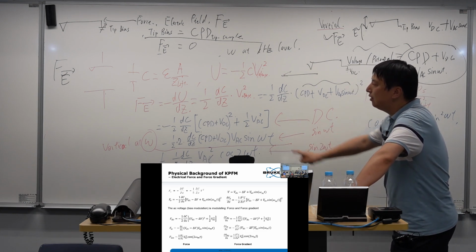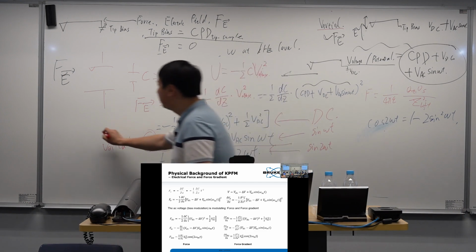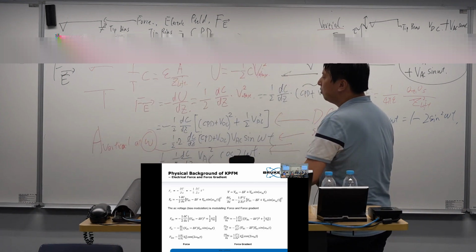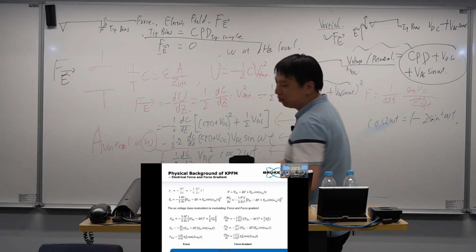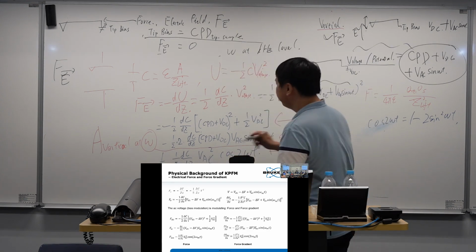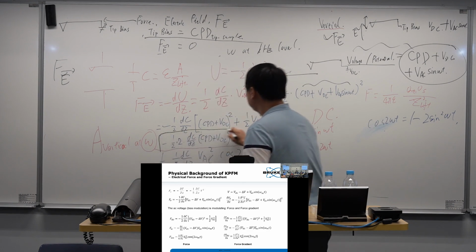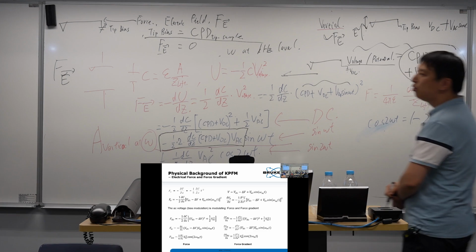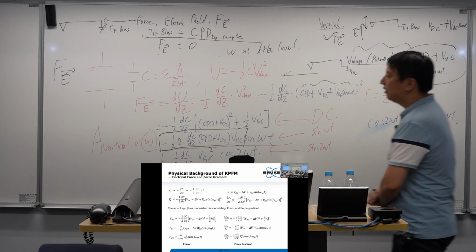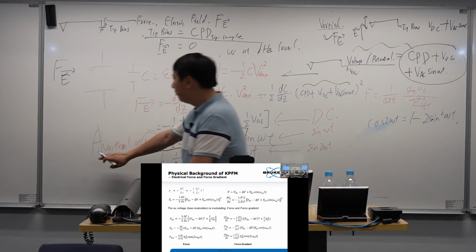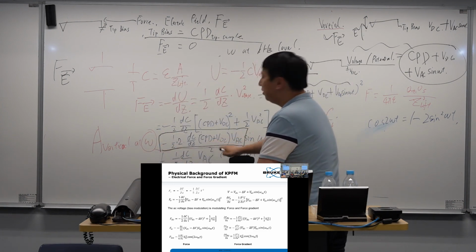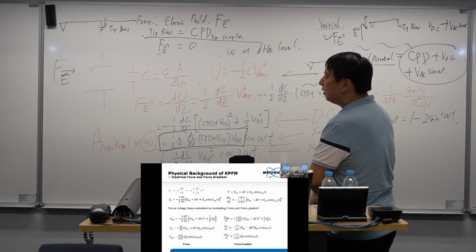And at this term, I get the amplitude of my vertical, which will be equal to this one. And I only need this amplitude to be 0. Then I can get the CPD from the VDC.